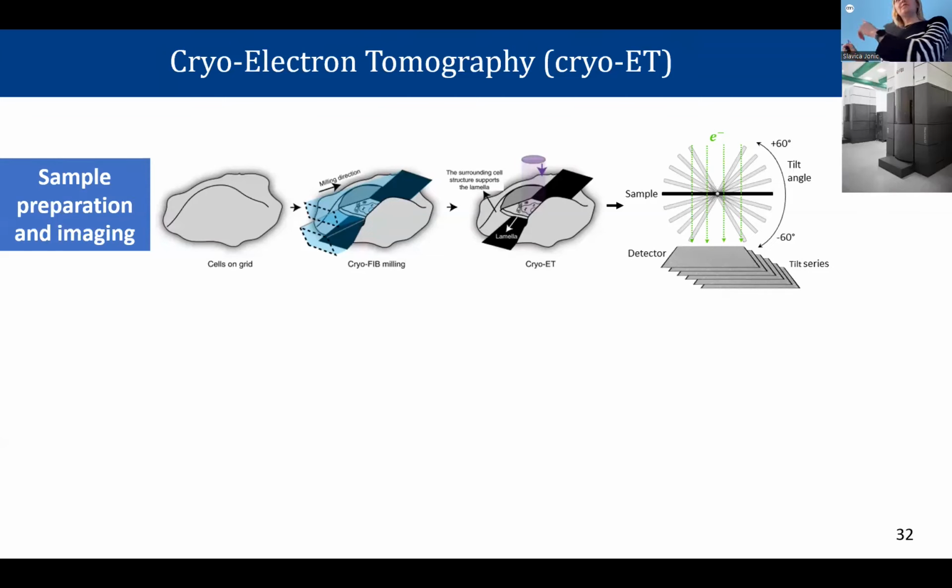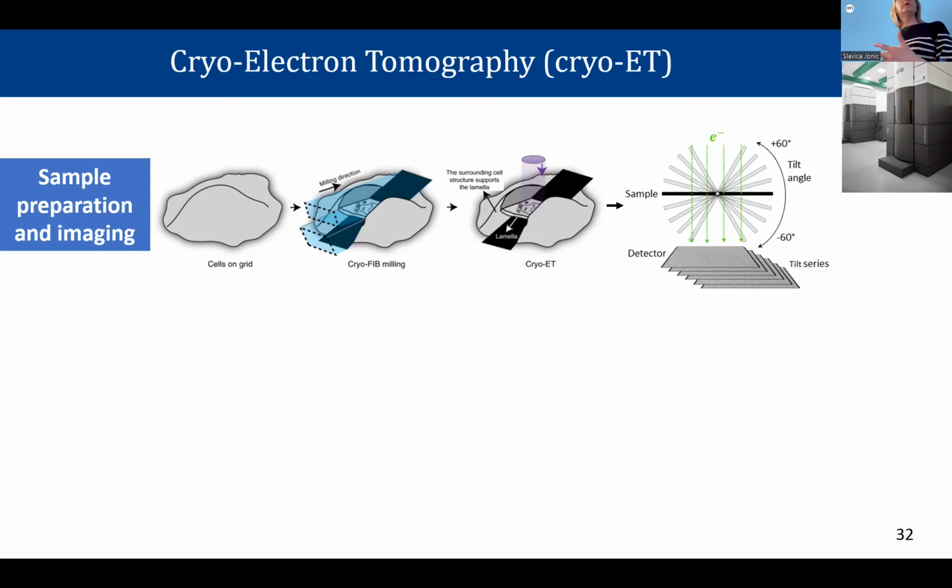Okay, we will conclude, just to make a point on this particular technique. The advantage of cryo-electron tomography is that instead of single particle analysis, which analyzes purified complexes, here you can analyze complexes in their cellular environment.